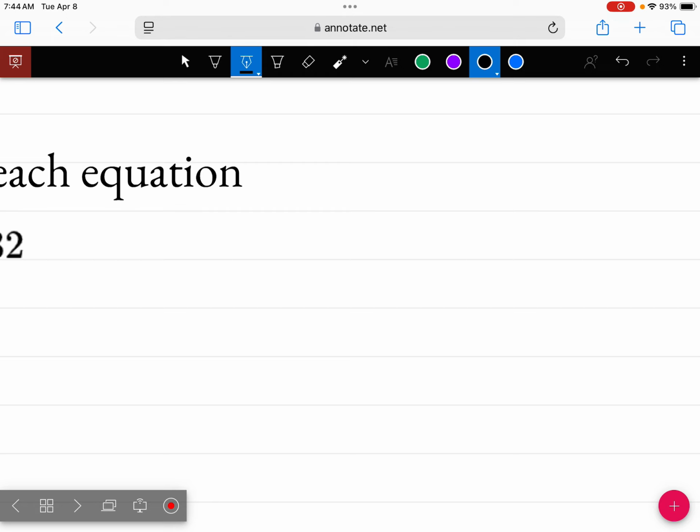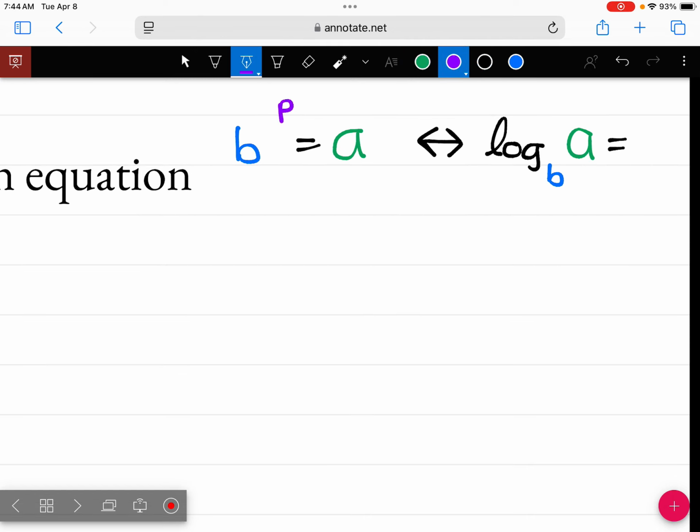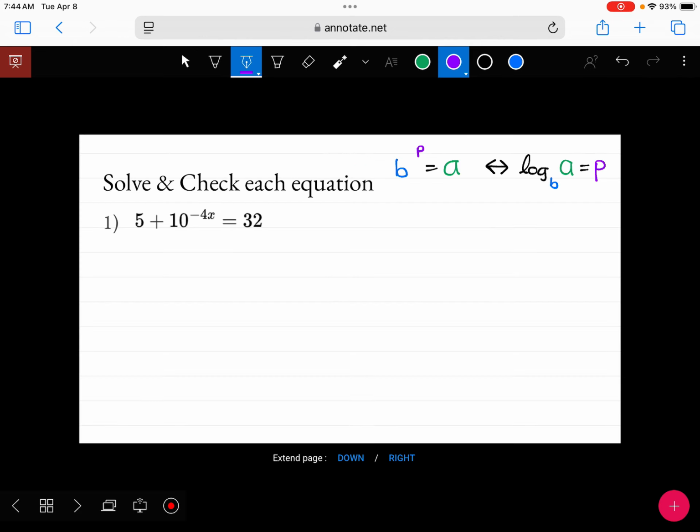And the way we do that is that's when we're using our B to the P equals A, that is 100% equivalent to our log base B of A equals P. So we're using our B P A, log B A P again.